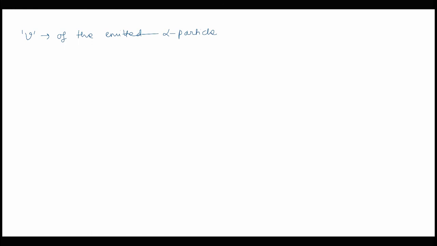So if V is the velocity of the emitted alpha particle, then I can write the equation that mv square by r is balanced by qvB. This is from the concept of magnetism, that is a charged particle projected in a uniform magnetic field. And from here I can calculate V as qrB by m. If we put the values over here, I can write it as twice of 1.6 into 10 to the power minus 19.